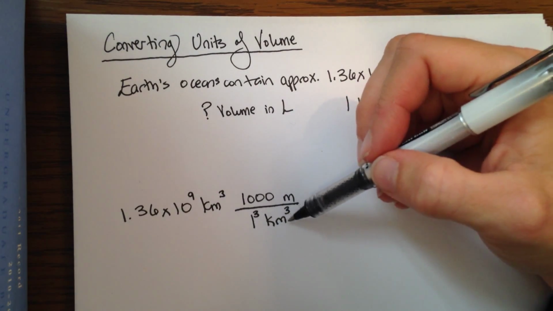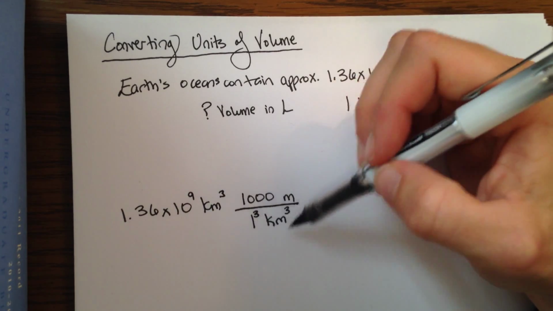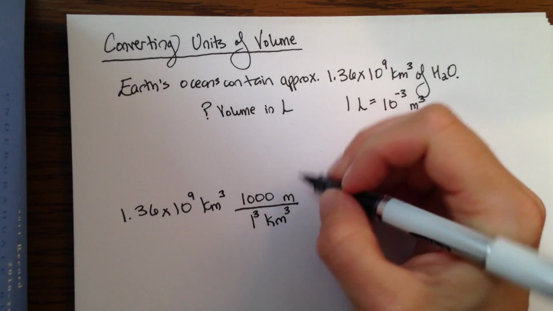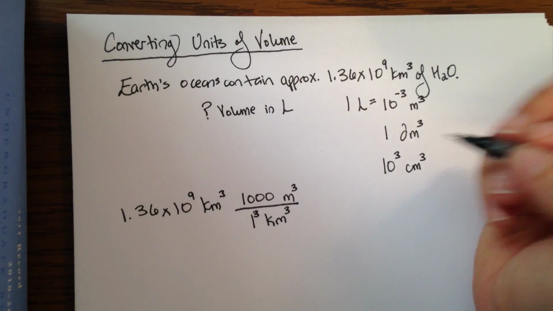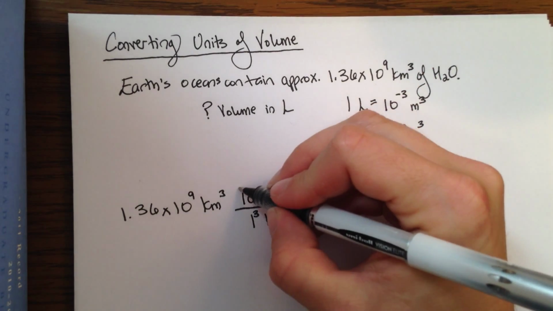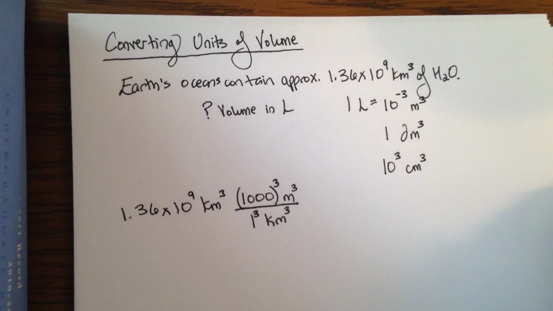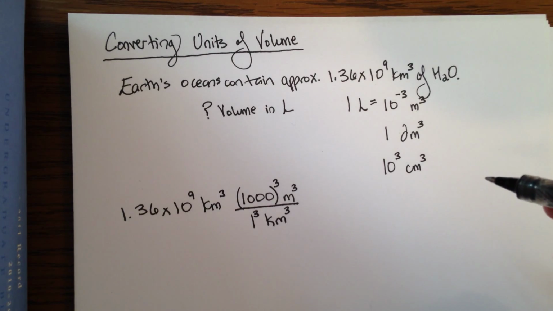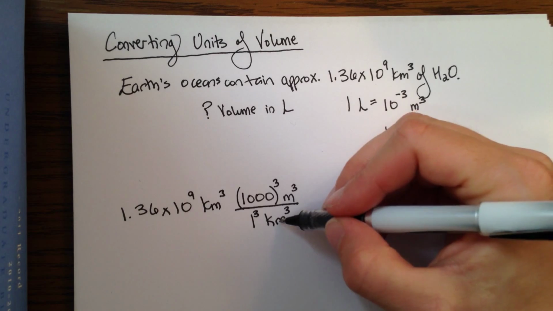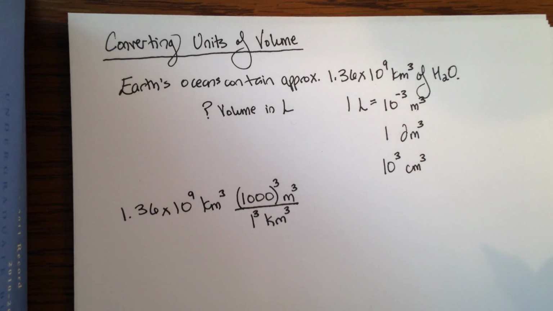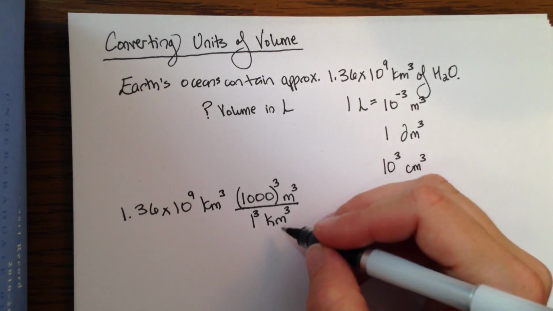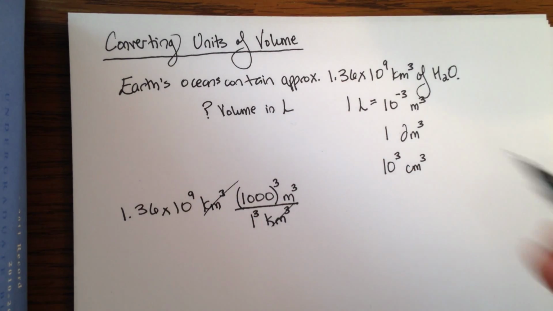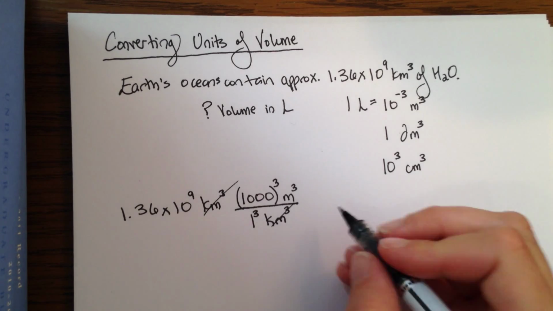Whatever you're doing down here to the denominator, you have to also do to the numerator. We cubed this unit, we have to cube this one as well. Cube meters, cube the number associated with the unit. That's a point that a lot of people forget. All right, we cube the unit, cube the number, cube the unit, cube the number. Great. So now we've got kilometers cubed canceling out. Great. We're on to meters cubed.